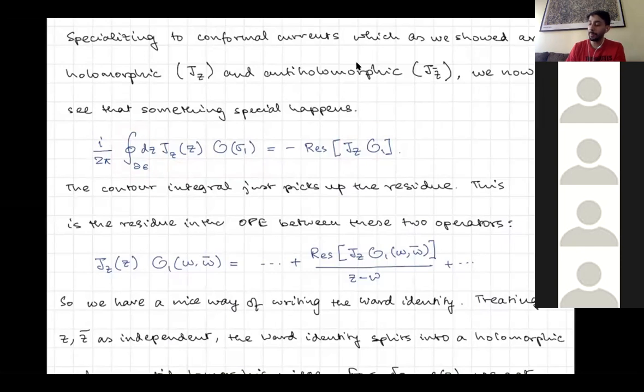So what happens if you have something inside? Think about some particular contour out here, and you have some poles here.